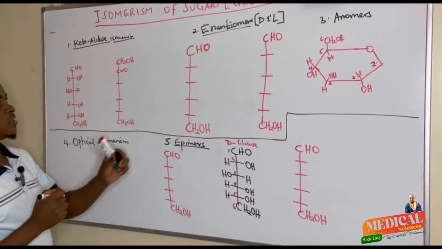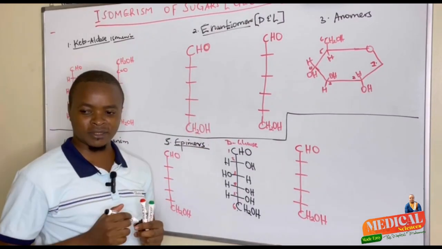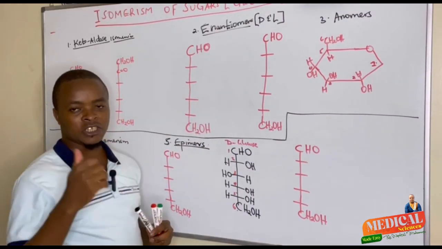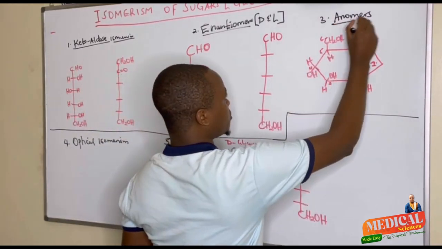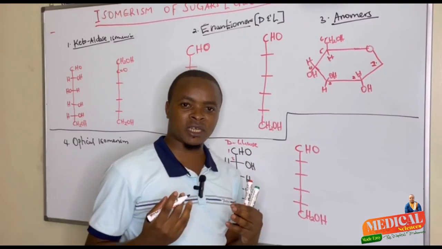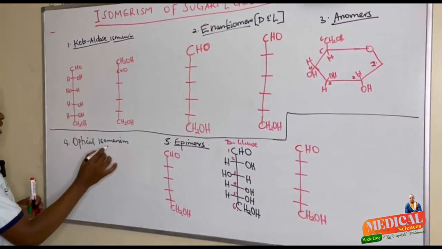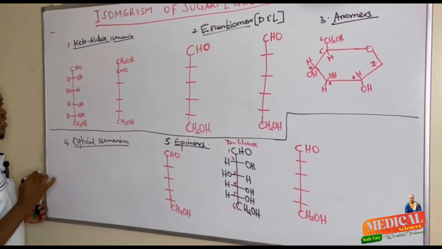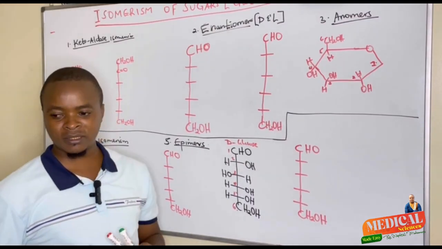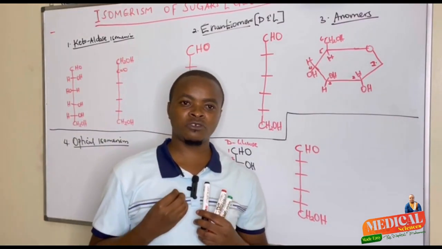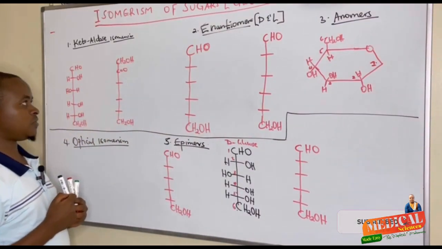We shall look at the D and L series, which we call enantiomers, a type of stereoisomer. Then the third one, we shall look at the anomers, which show anomerism. Number 4, we shall look at optical isomerism in the presence of plane polarized light. And the last one, we shall look at epimers, which portray epimerism. And we're going to discuss them in detail.